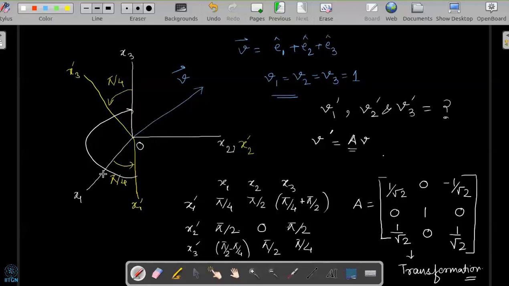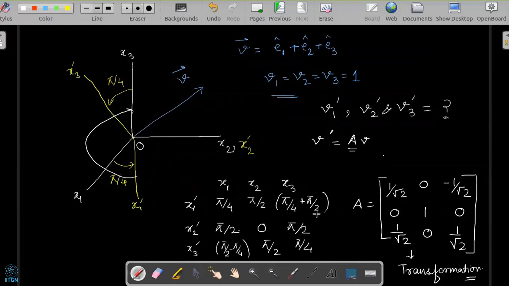The angle between x1 dash and x2 is pi by 2, because x1, x1 dash and x3 dash are in the plane formed by x1 and x3 itself. So that plane we have not changed here. So that's why this angle is pi by 2. Similarly, x1 and x3 is pi by 4 plus pi by 2, and so on.